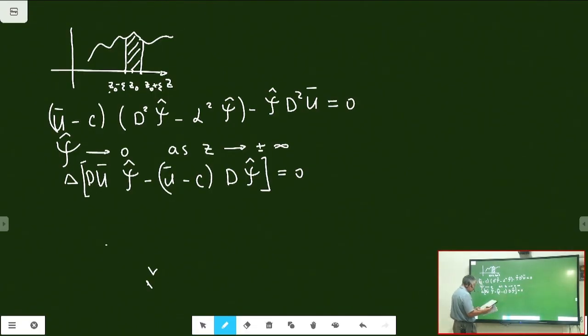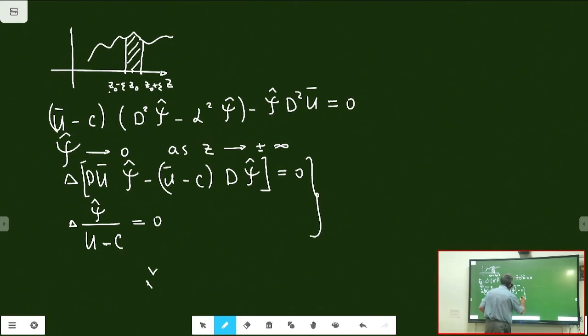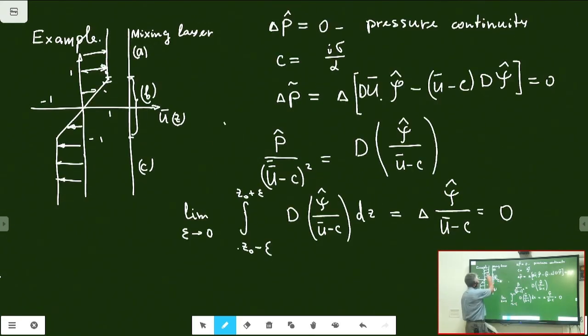And the other condition that we just derived is that the jump of psi hat over u minus c is also equal to 0, and this has to be true at both corner points, z equals 1 and z equals minus 1, right?